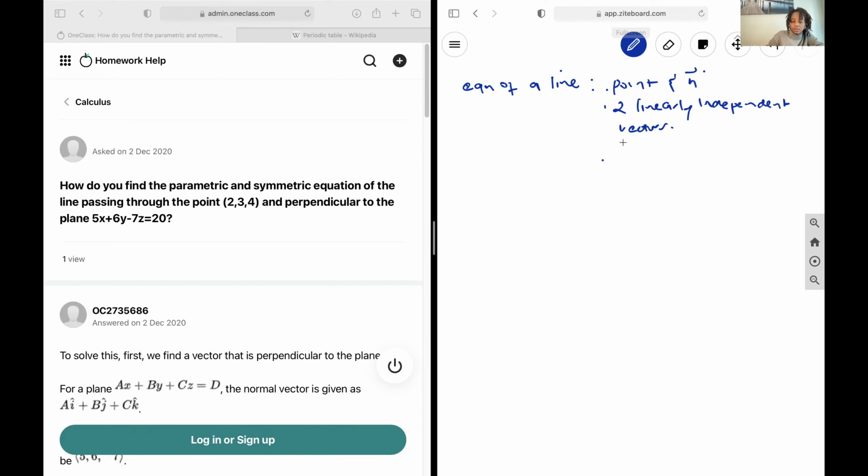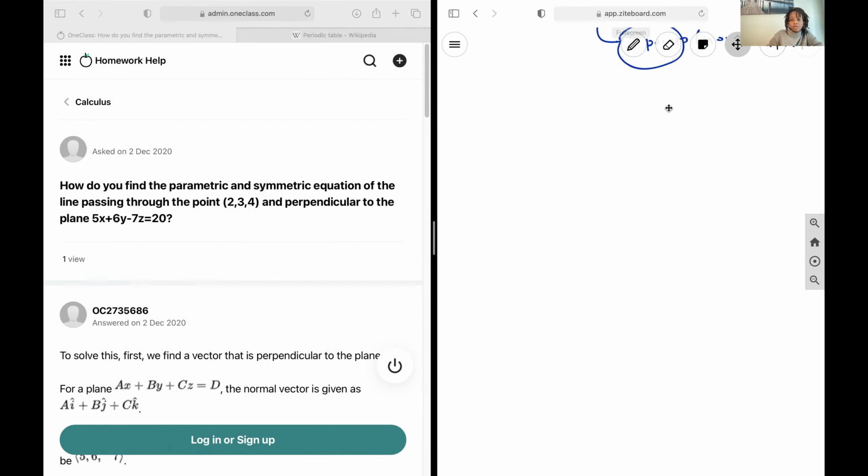And lastly, you could have 3 points that are non-collinear. From these 3 points, you could technically derive 2 linearly independent vectors, and from those 2 linearly independent vectors, you could derive a point and its normal.